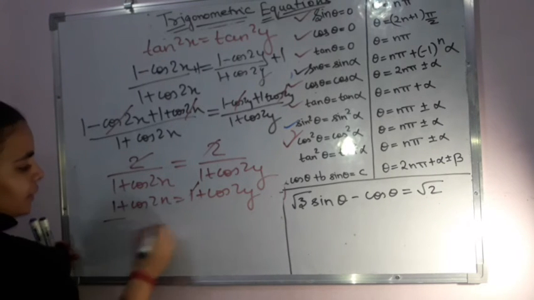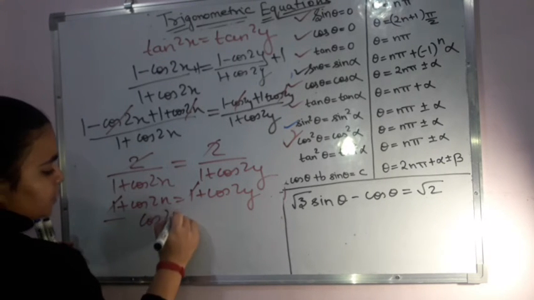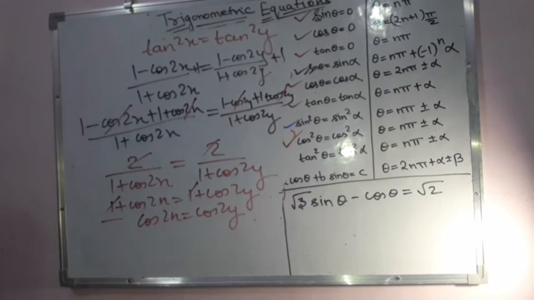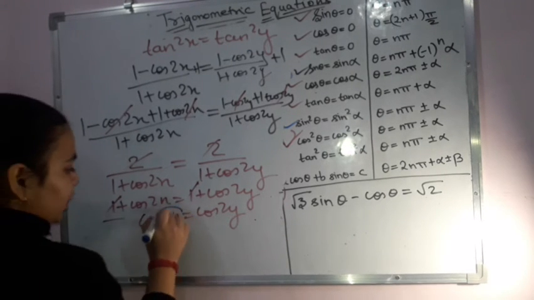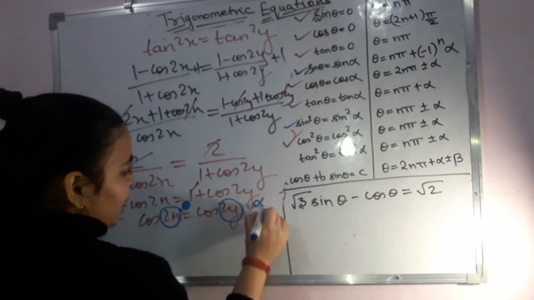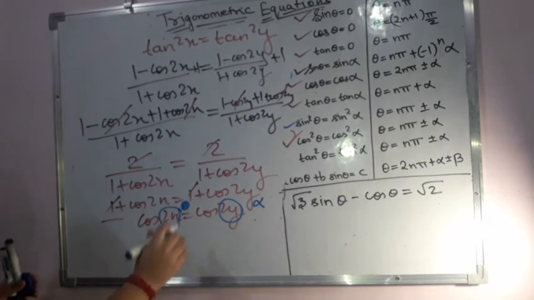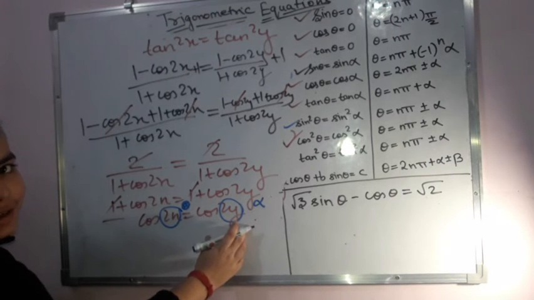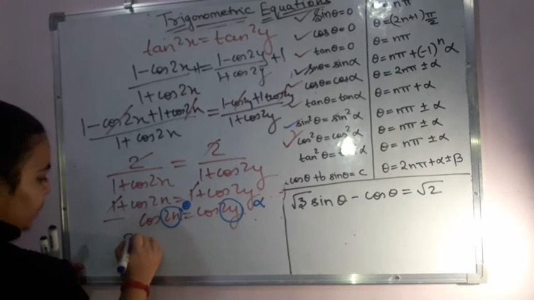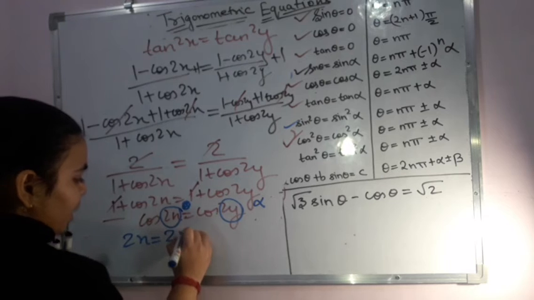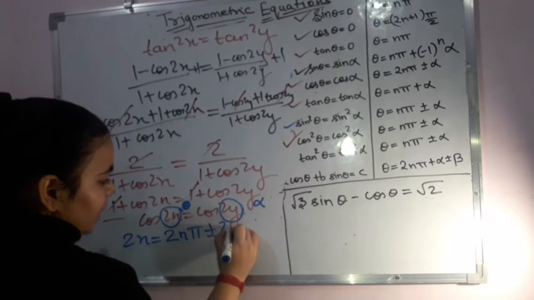gets cancelled over here, and then I have cos 2x is equal to cos 2y. Simply as I have already seen, assuming 2x to be theta and 2y to be alpha, getting the same value again, theta is equal to n pi plus minus alpha. So theta is equal to 2n pi plus minus alpha.